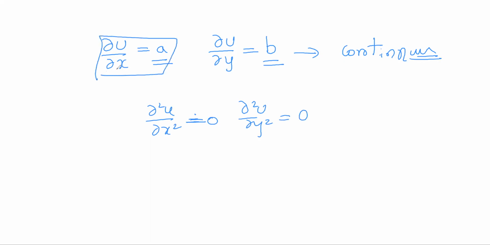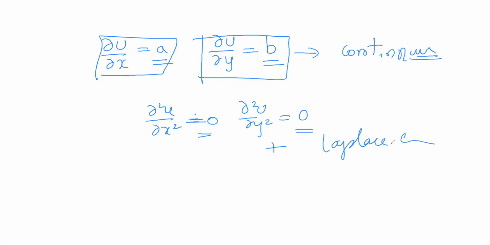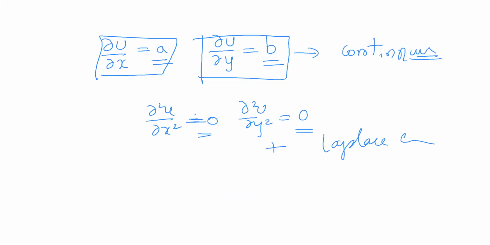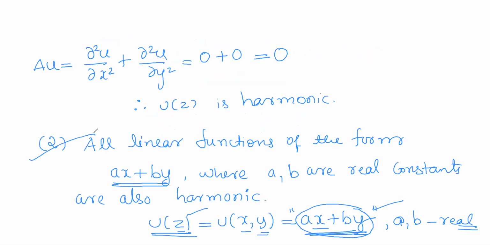Just differentiate this with respect to x and differentiate this with respect to y partially. So you'll get both to be 0. So the sum will be 0. Hence the Laplace equation gets satisfied. So any linear function of the form ax plus by satisfies all necessary conditions for being a harmonic function. So this forms the second example.